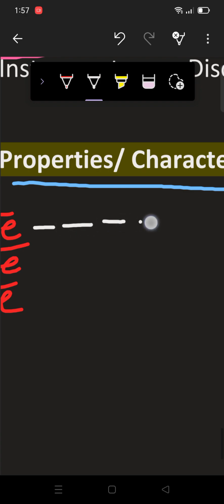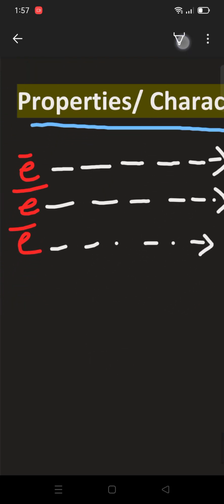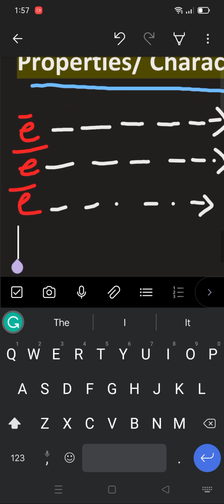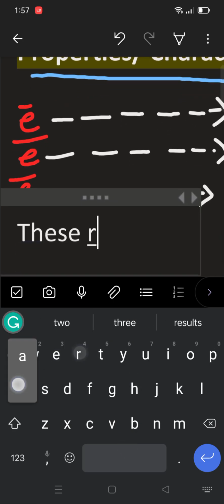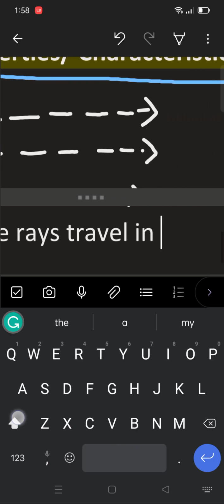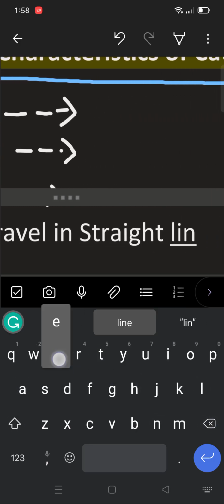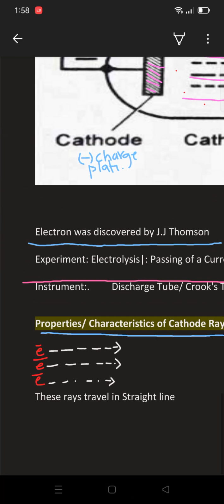They will move in a straight line perpendicular to the direction of the cathode surface. So this was the first property or characteristic of cathode rays: these rays travel in a straight line.